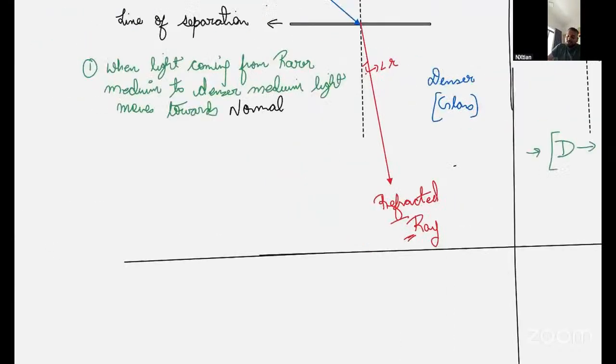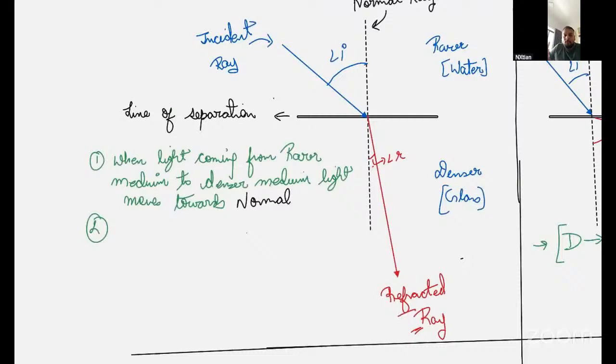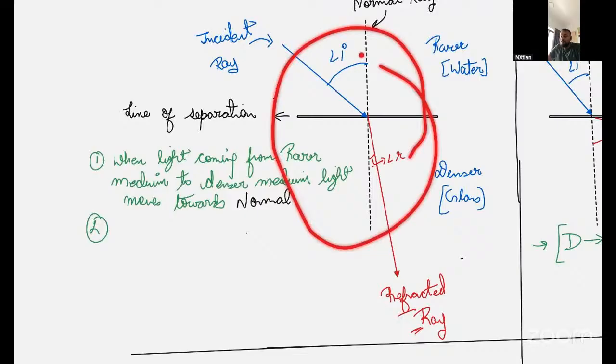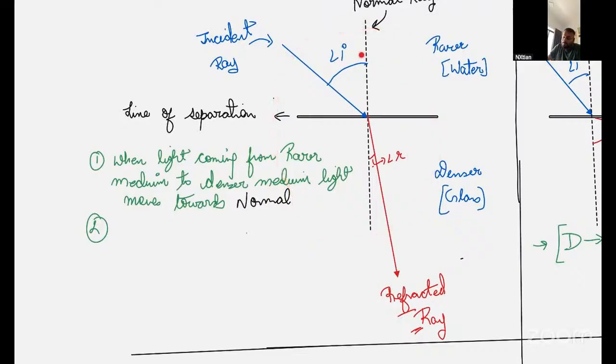Okay, so the second question: can you give me one more observation quickly, because we don't have so much time? Can you give me one observation that you can see in this diagram? Yeah, the angle I is not equal to angle R. Correct.